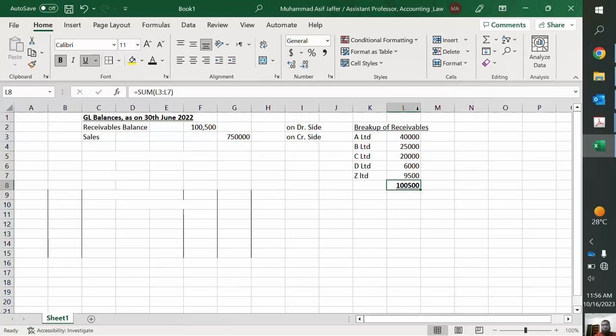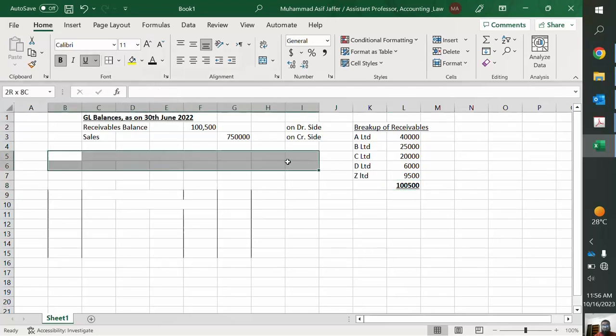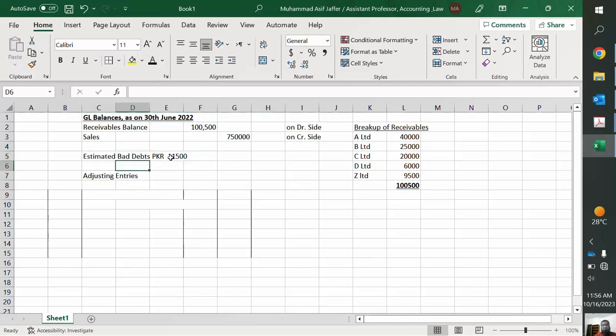So this is the receivables breakup. We don't exactly know which of them is going to actually not pay in future. We trust them. We have seen their financial performance. They are all likely to pay. But based on our past experience or based on industry statistics, we know that out of this 100,500, somehow we worked out that accounts receivable of 11,500 will not be collected.